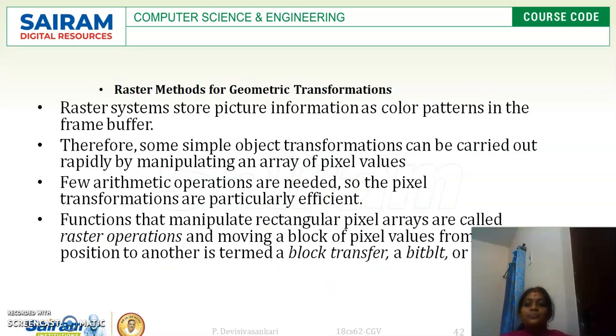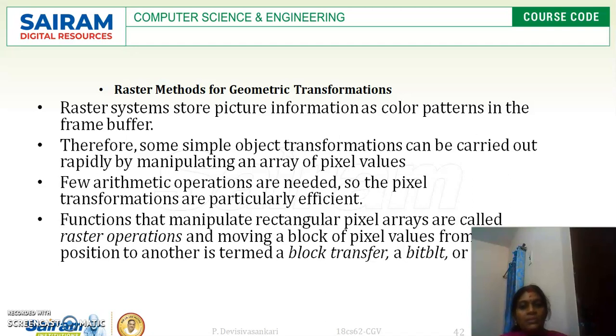And next we are going to the raster method for geometric transformations. Okay, so first of all, raster systems are used to store information as a color pattern, correct? Whenever we talk about a raster system, we should remember the frame buffer. The frame buffer is a combination of zeros and ones, right?